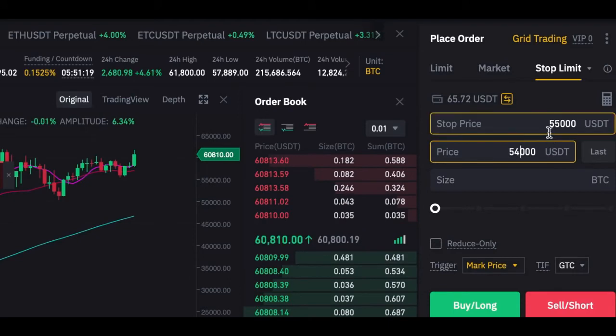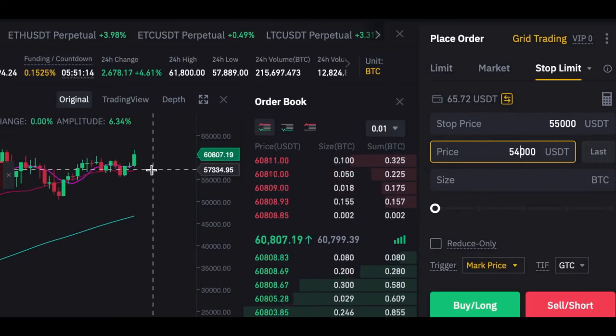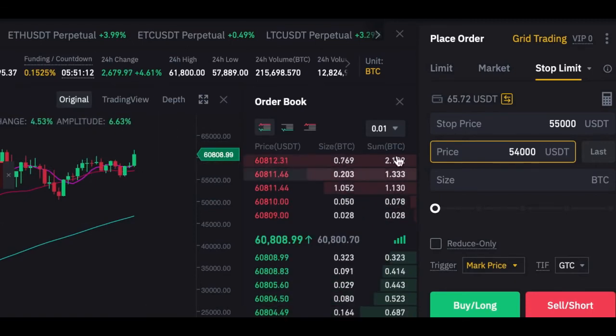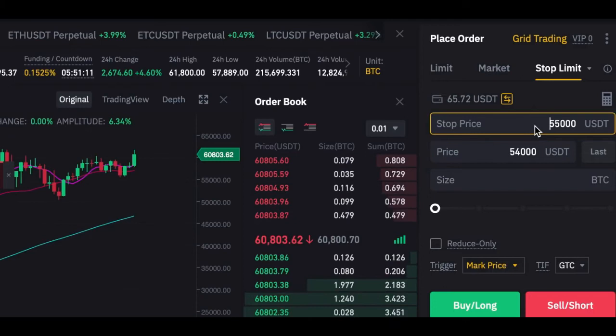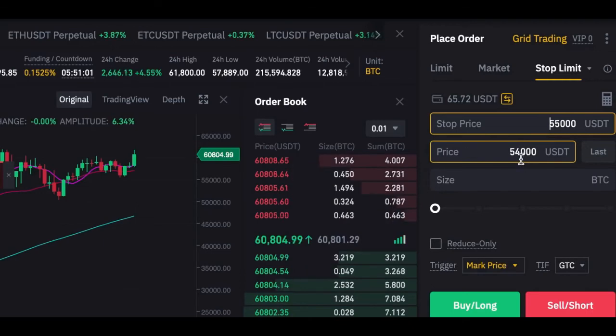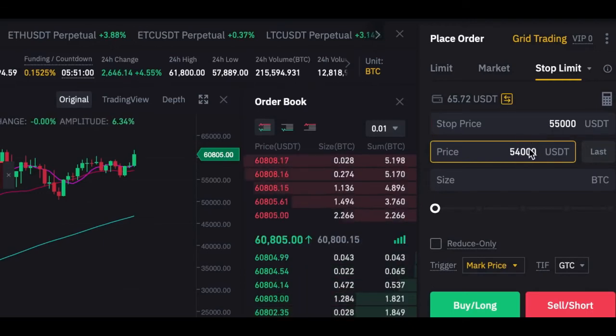You're telling the system, hey, if the price gets to 55, you need to sell my position out because it's obviously a losing position. I need to get out. So if the price gets to 55, start selling my position. And I'm happy to go all the way down to 54, but hopefully I'll be getting a much better price than that. So it just gives a range to the system for you to trade in.